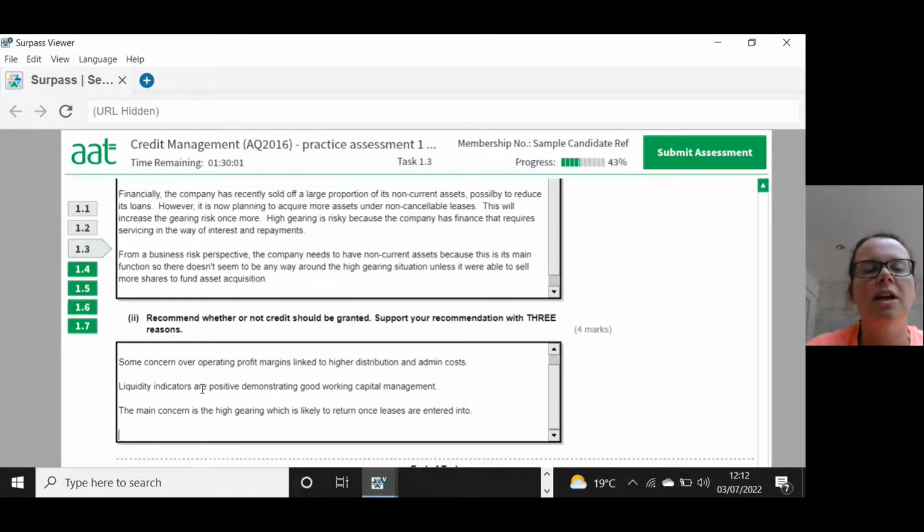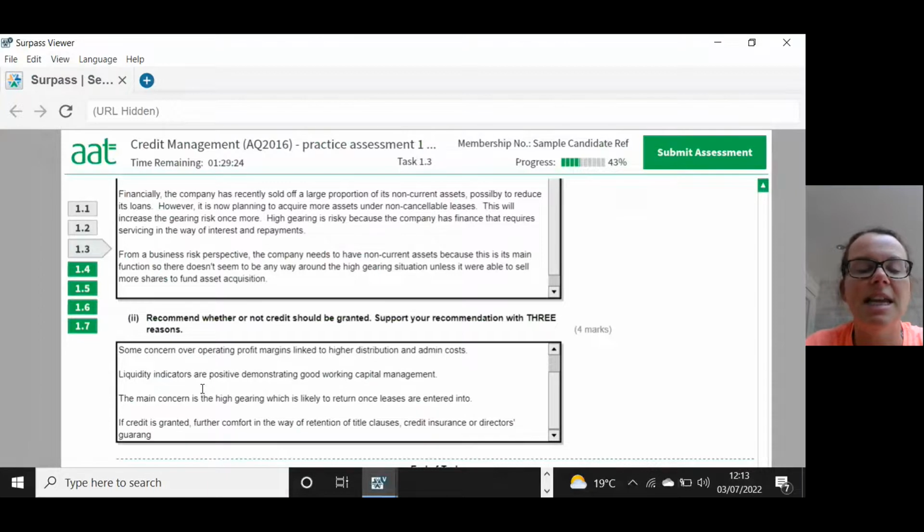Other things you could include would be a reference to how much credit they want relative to the payables or the turnover. And something that they've put into both of the AAT suggested answers is that if credit is granted, further comfort in the way of retention of title clauses, credit insurance, or directors' guarantees might be considered.